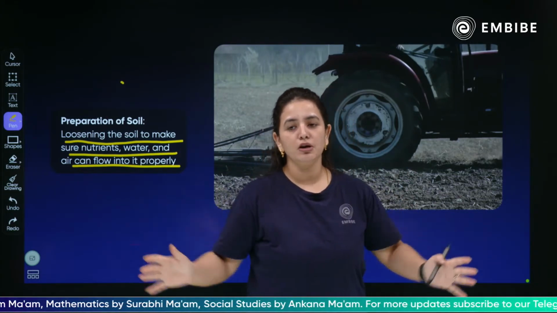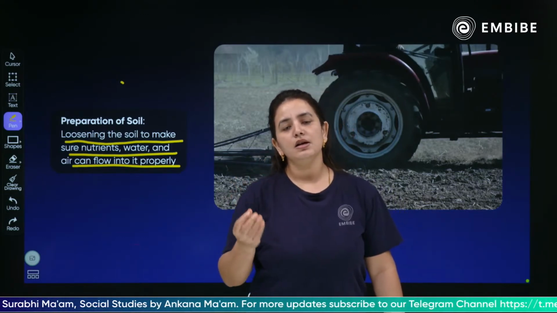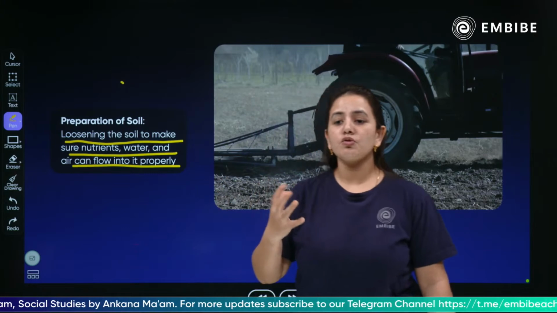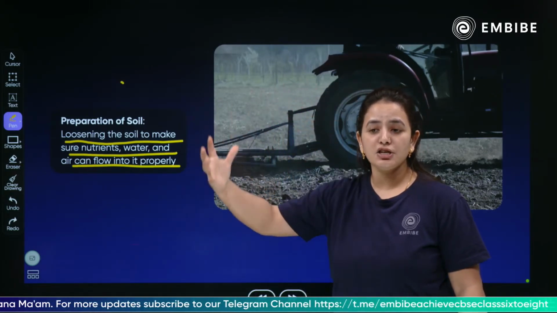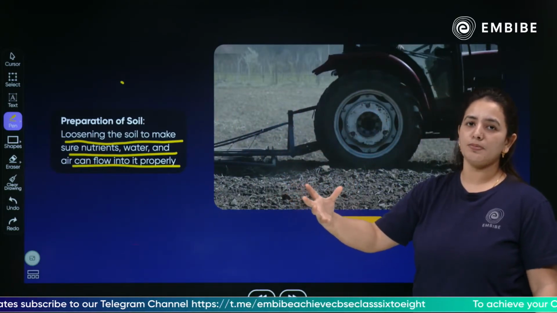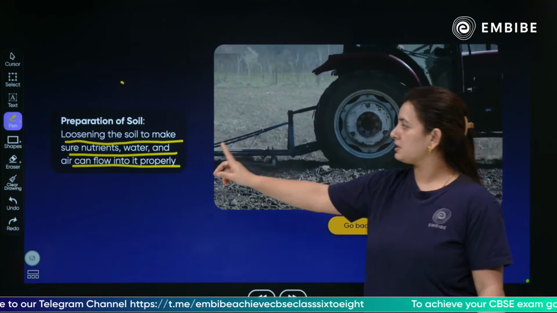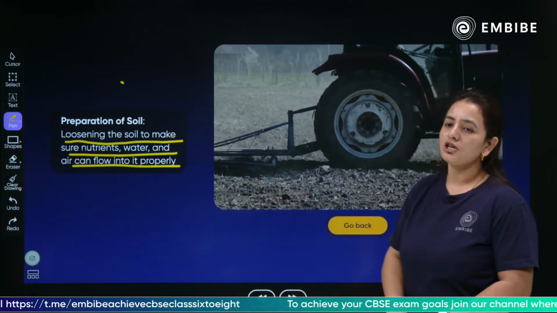So, she will first of all arrange everything at one place. In exactly a similar manner, we have to take care of the soil, that it is rich in nutrients, it has water, it has airflow inside it properly. So the very first process is the preparation of the soil.